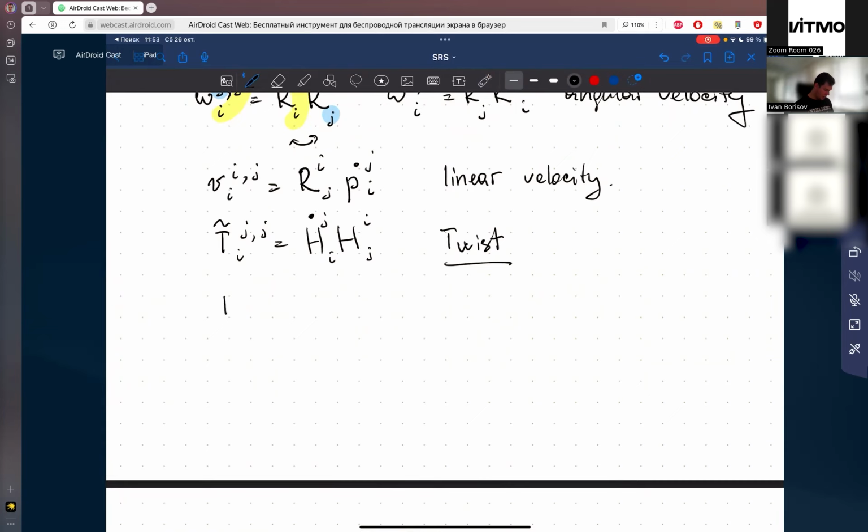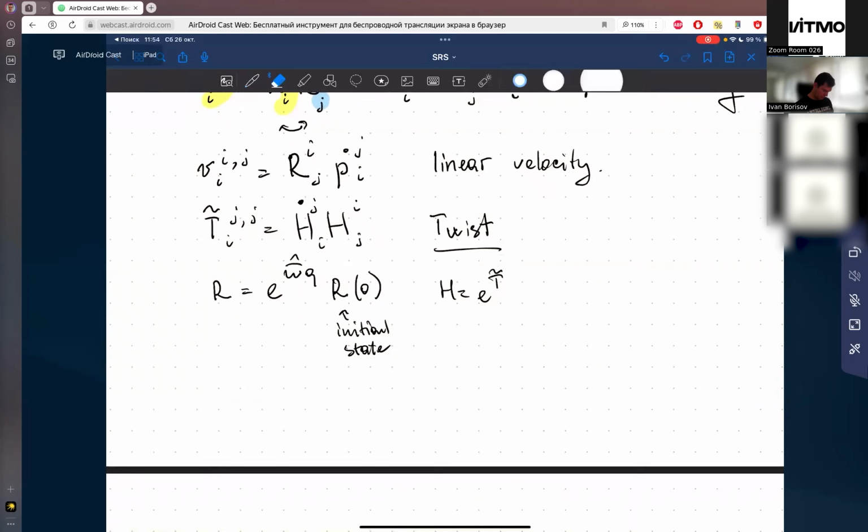And in this case, R will be equal to the exponent to the power of twist, Q, like this, times the initial R, the initial state. And the same for the H, it's a bit more precise, I believe. H0.